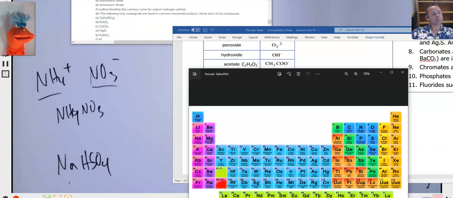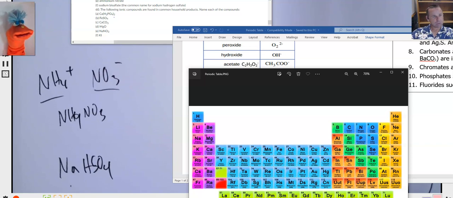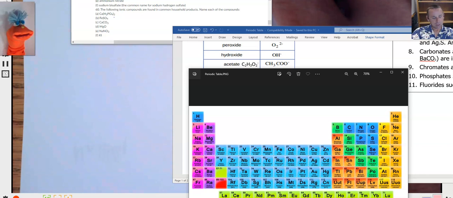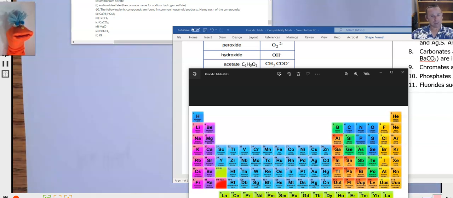Okay, on to number 60 there. All right. Following ionic compounds are common household products. Let's name them. CaH2PO4. What is that? We don't have the tools to name that compound effectively. Well, yeah, I guess we got it okay.